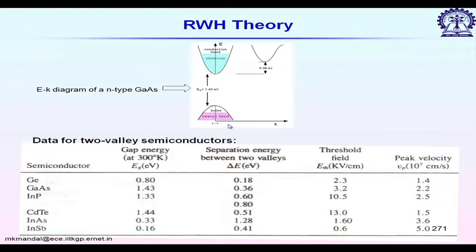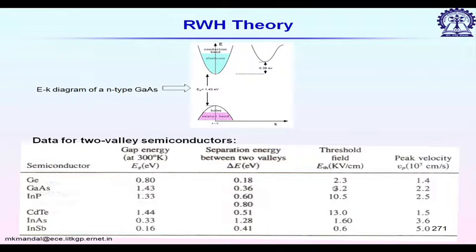So, we see then it can happen if only the second or upper valley is present. These are some typical popular materials for which the gap energy is given here. For germanium, E g is 0.8 and the separation energy between two valleys is 0.18.